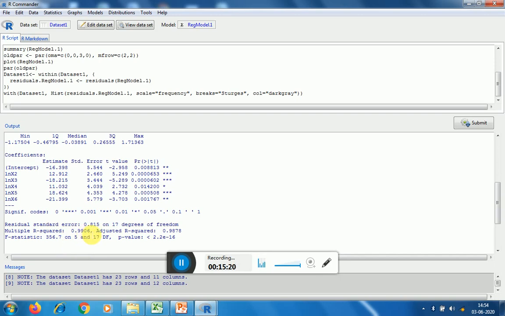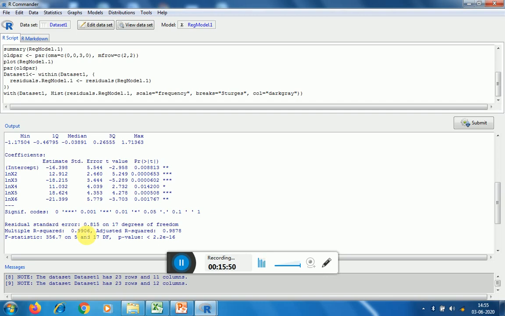It is almost near 100%. So 100% of the influence is explained by this. It is not possible. When this value is so high, you can infer that there might be a problem of multicollinearity, and that is definitely there in this particular model. Now how to rectify this model is again one of the challenges.